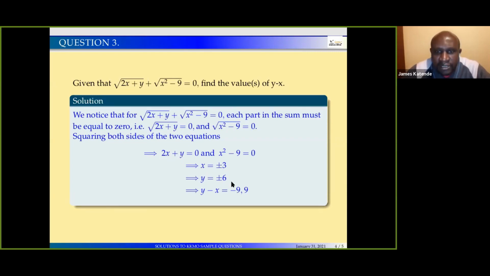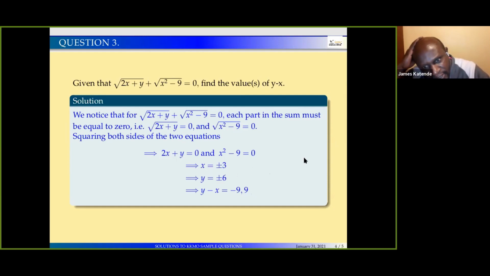Yes, so 6 minus negative 3 will give us positive 9. But when x is 3, y is negative 6, so it's fine. So we'll have negative 6 minus 3 to give us negative 9. So I think that's correct now.